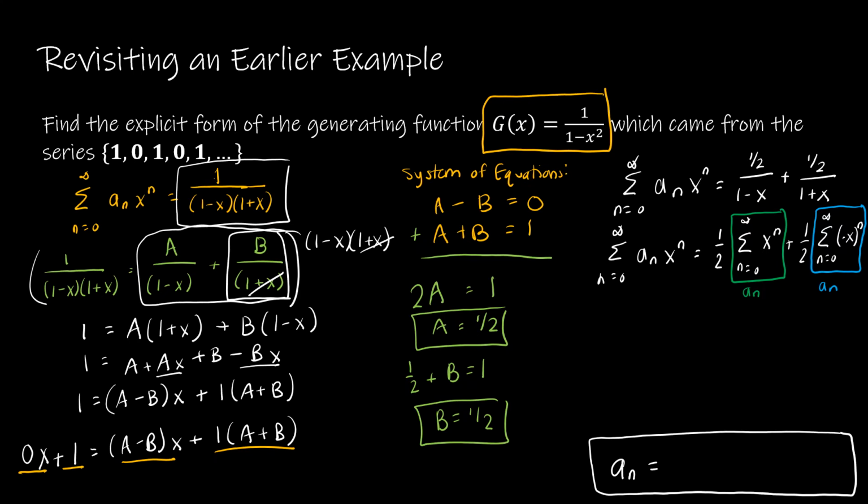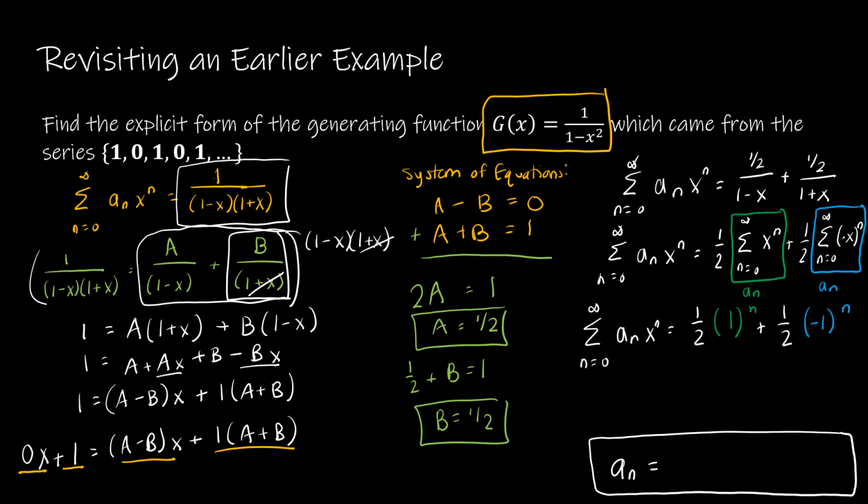Well, again, assuming that you've watched all of the videos in section 8.4 leading up to this point, we know that this first summation, a sub n, is always 1 to the n in this case. And for the second summation, a sub n is always negative 1 to the n.